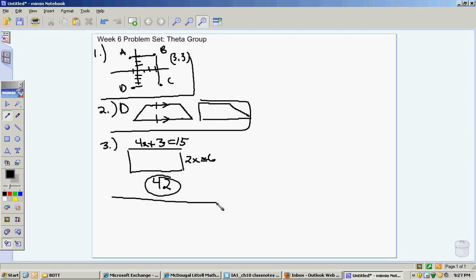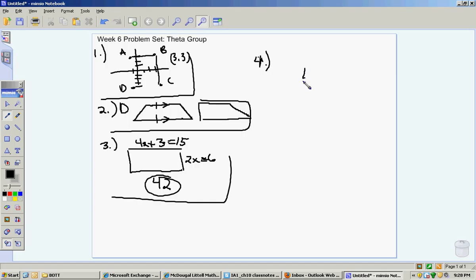On to number 4. In number 4, we're looking at the rectangle IJKL, and it's rotated 90 degrees clockwise about point O. Okay, and they want to know what's the image of IL. Well, 90 degrees clockwise is going to take this, let's see, IL is this way.